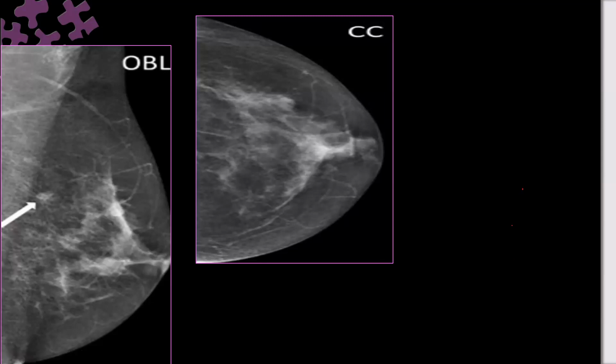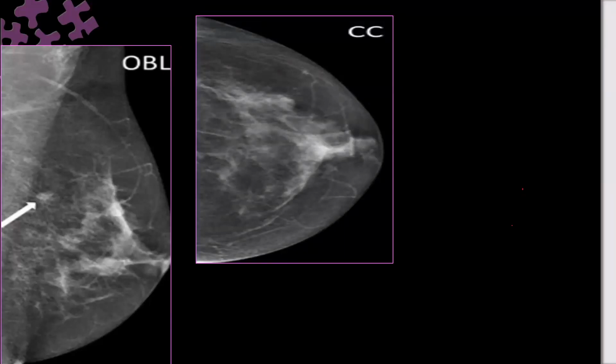Central to slightly upper, because it is just superior to the posterior nipple line, in the lower portion of the upper half.